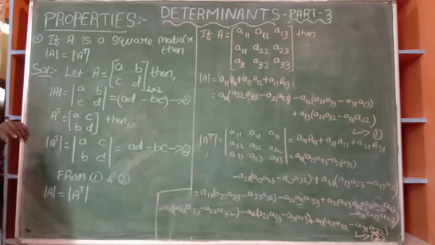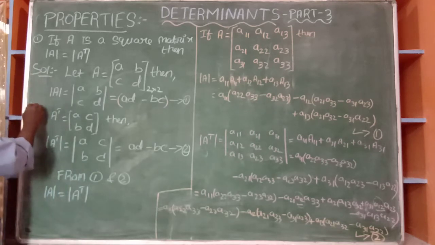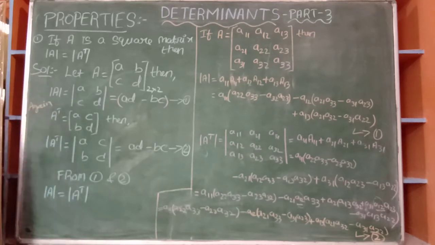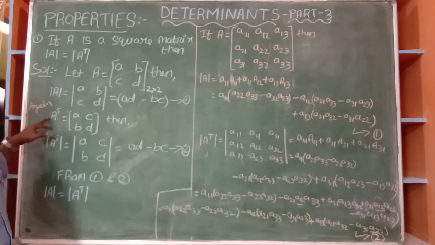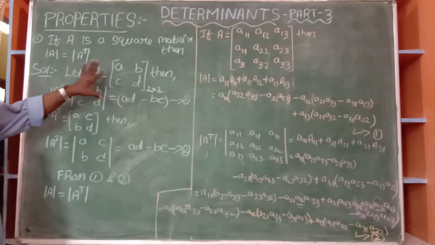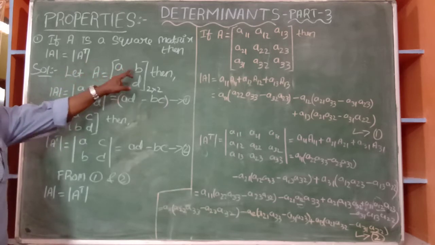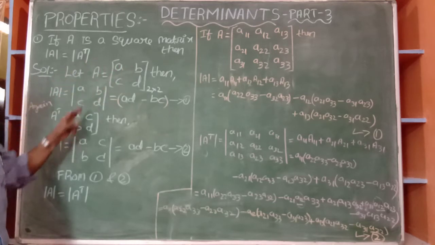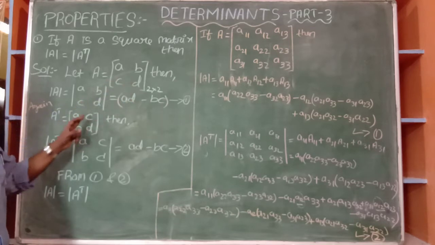Next, what is A transpose? In A transpose, the rows and columns are interchanged: the first row a, b becomes the first column, and the second row c, d becomes the second column.